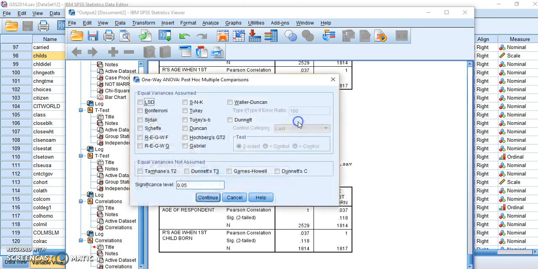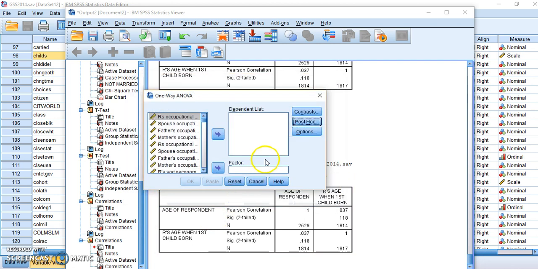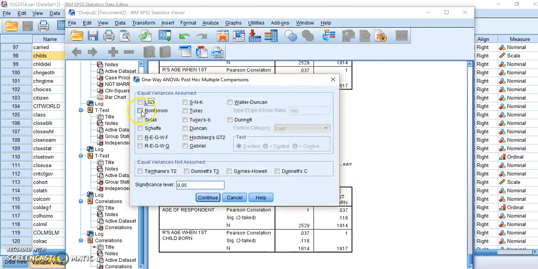All right, and what I would suggest is then go to, I'll do that a little slower, go to post hoc, click the Bonferroni, and what that will do is also not just give you information about whether the model is significant, but it'll actually tell you the differences between each level of the variable and how they're related.